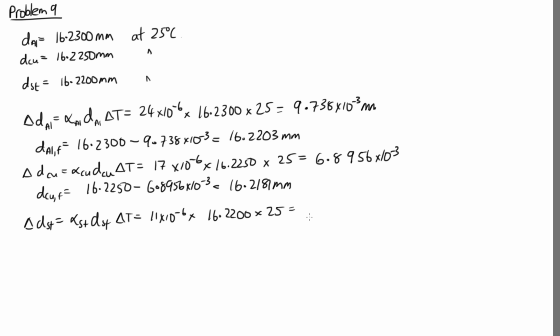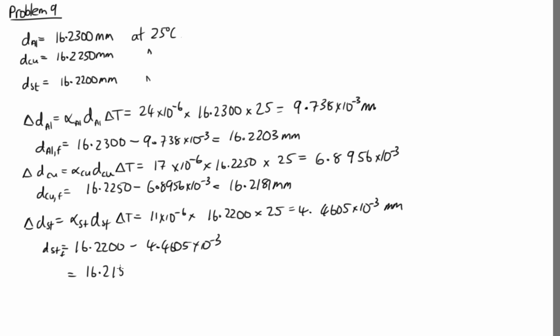So this will reduce by 4.4605 times 10 to the minus 3 millimeters. And so the steel's final diameter is going to be the initial diameter, 16.2200 minus 4.4605 times 10 to the minus 3. And so this is equal to 16.2155 millimeters.